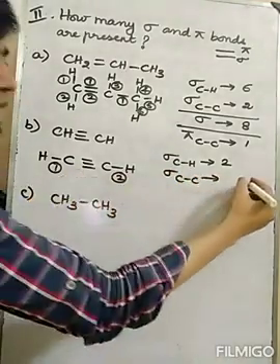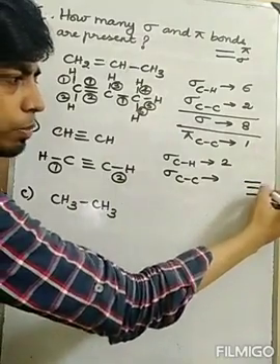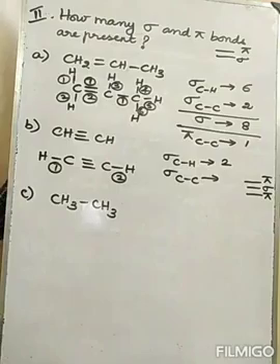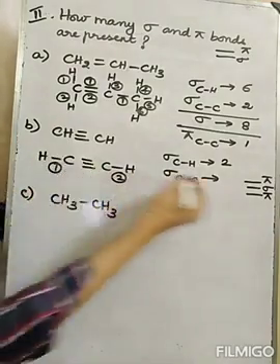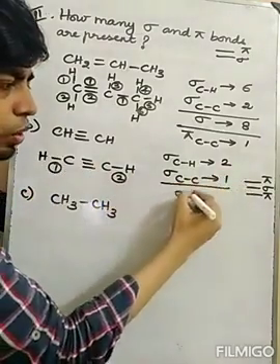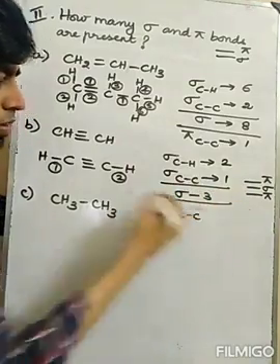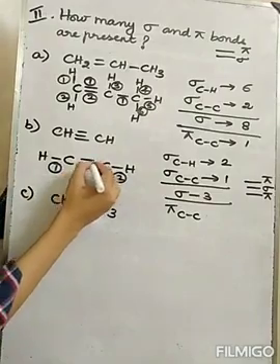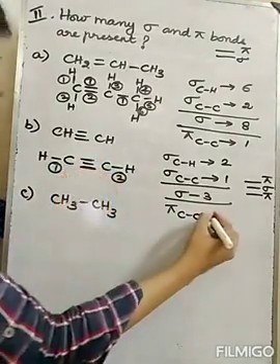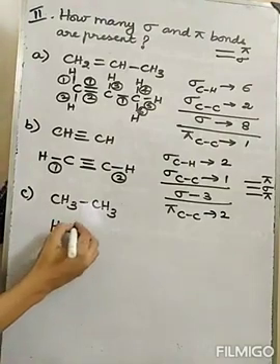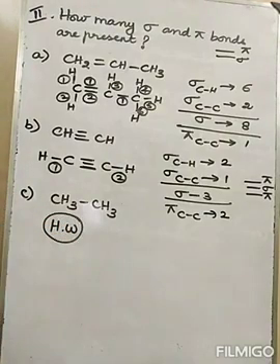I told you in a triple bond, one bond is sigma bond, the other 2 bonds are pi bonds. So carbon carbon sigma bond is 1. So total number of sigma bonds is 3. So how many pi bonds between carbon and carbon? This is one pi bond, this is another pi bond. So totally 2 pi bonds. So you do this one as homework.